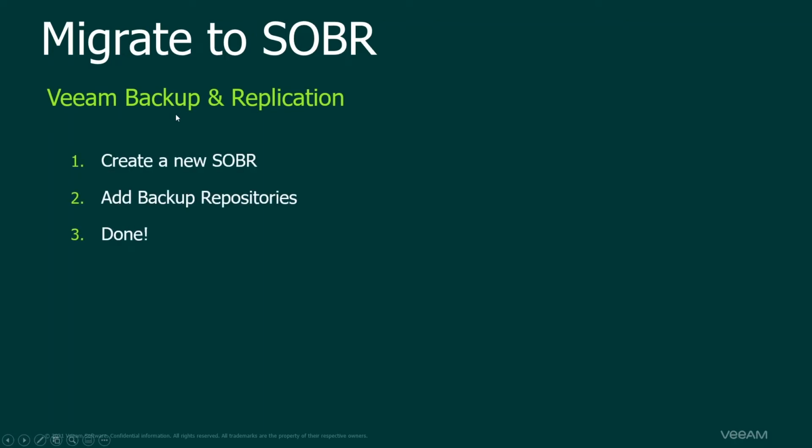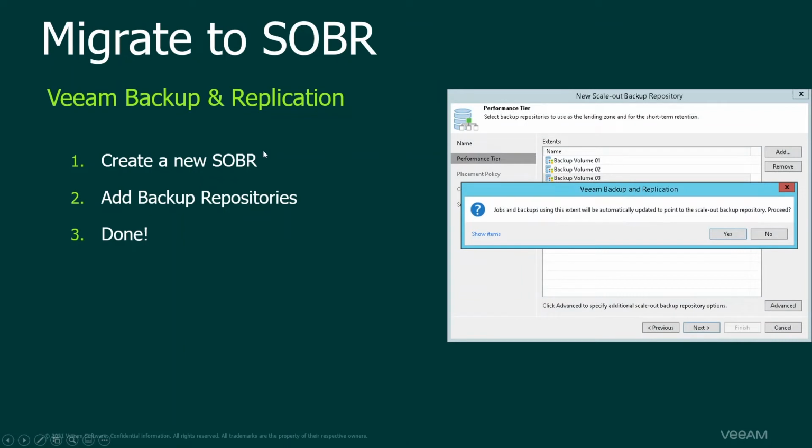We create a new scale-out backup repository, we add those existing backup repositories as an extent there, and we're done. Veeam Backup and Replication will automatically adjust the existing backup jobs and files and point those to the new scale-out backup repository. But for Cloud Connect, it works a little bit differently.